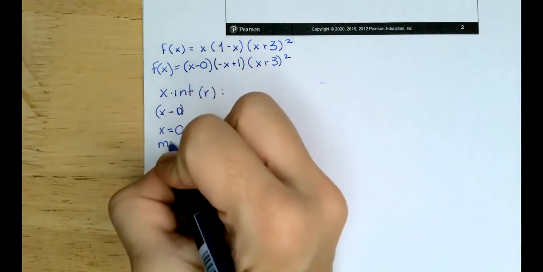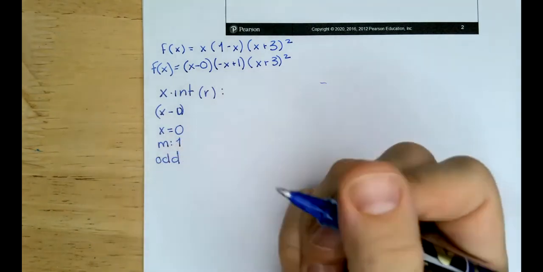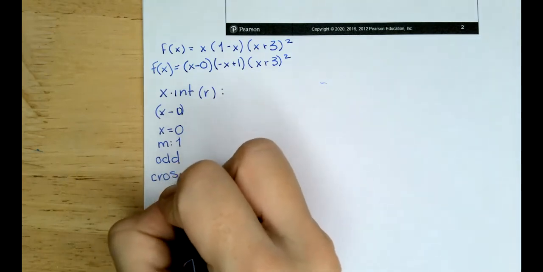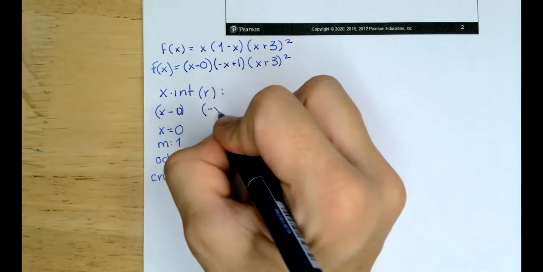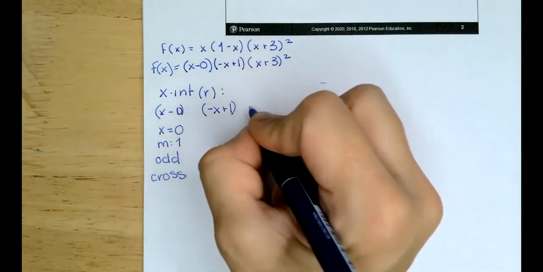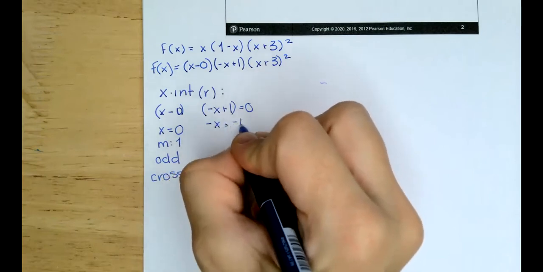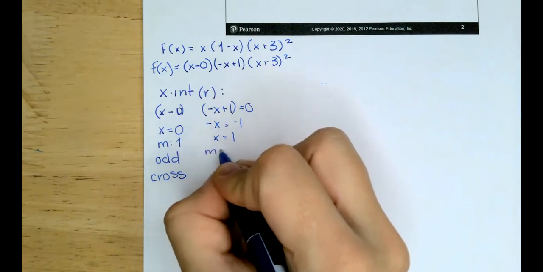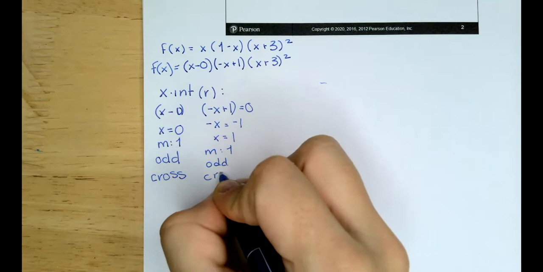The multiplicity is 1. 1 is odd, and odd crosses. I have negative x plus 1. This one I'm going to set equal to 0 and solve. So now it's negative x equals negative 1, x equals 1. Multiplicity also of 1, which is odd, which will cross.